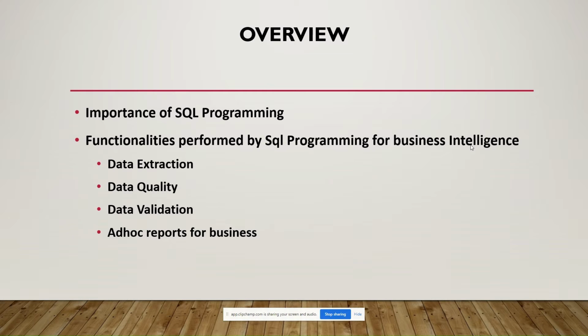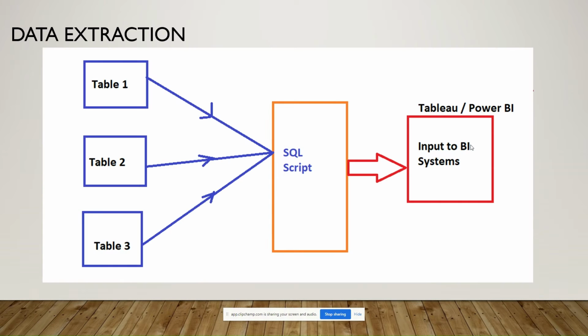Some other functionalities we do with SQL in the business intelligence area, first is data extraction. BI systems need data from different sources for building reports or dashboards. Modern BI systems are very good at connecting to different data sources and getting the data.